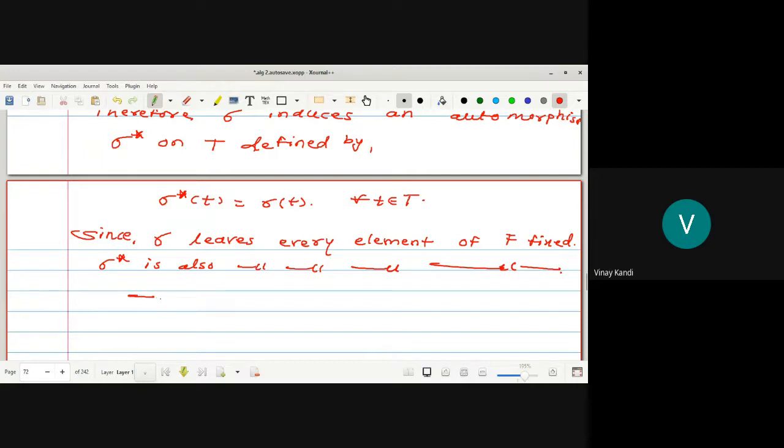G(T/F). Is it correct? Sigma star is an isomorphism on T, defined on T. So this sigma star leaves every element of F fixed. So this belongs to G(T/F). Okay, any doubt up to here? Okay, wait a minute.